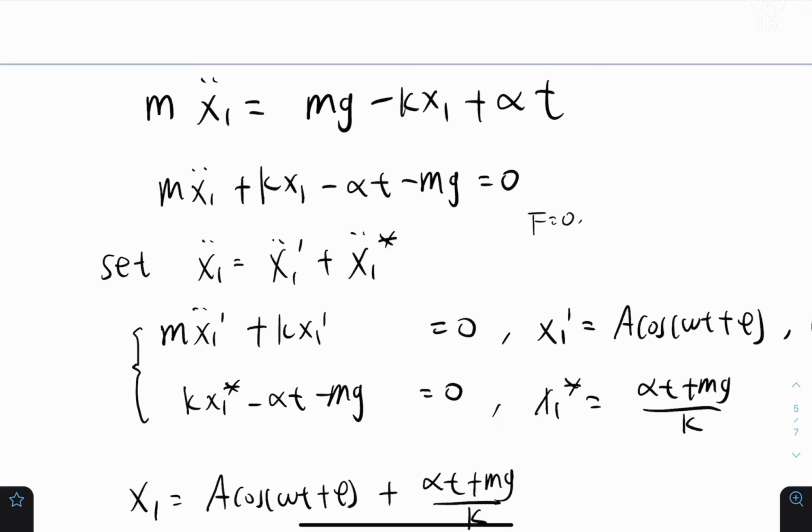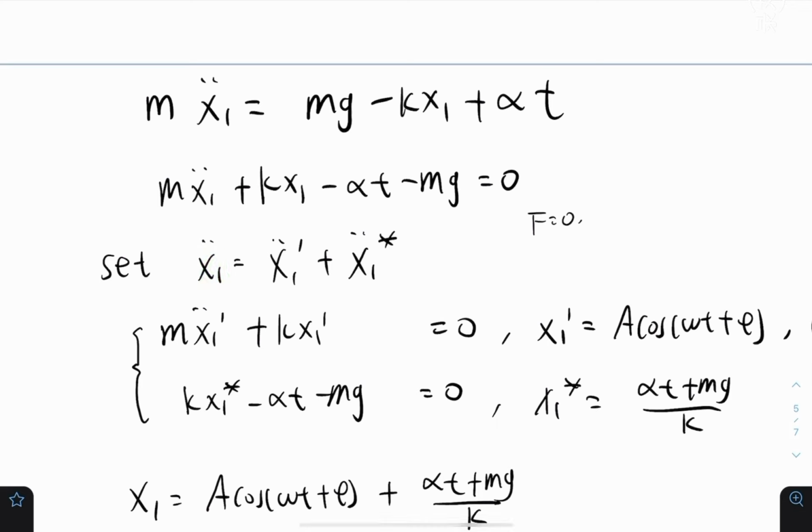So the way we solve this is to set x1 to be equal to two parts. We call the first part x1 prime, and notice that this prime is not a derivative, it's just a notation over here, plus the second term, x1 star.